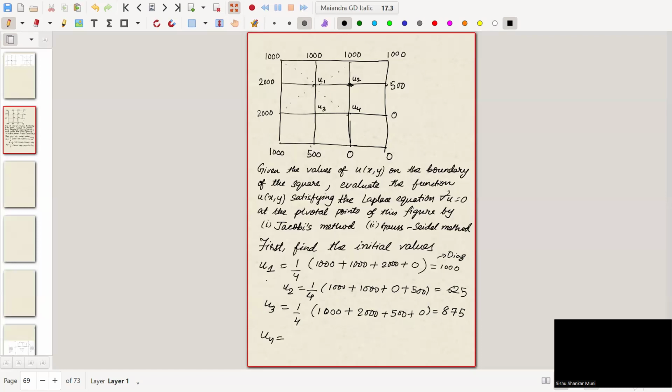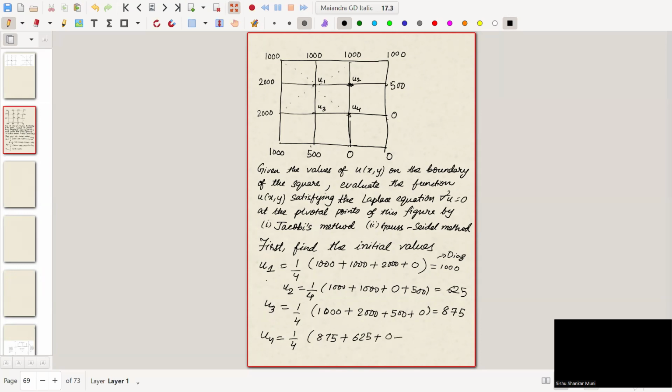How will you find U4? Simply you can use the standard 5-point formula now, because U3 you now know, and U2 you know. What is U2?